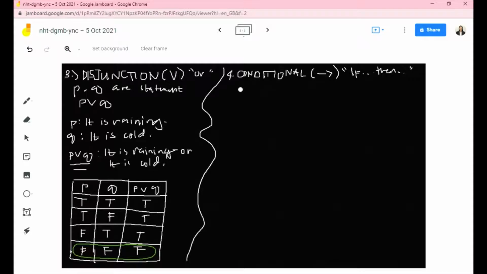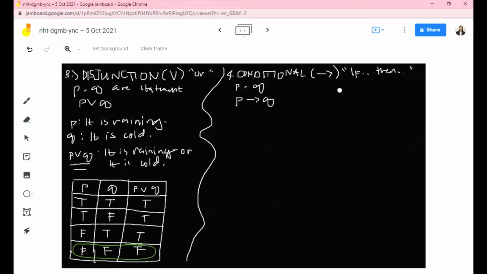Suppose that I have two statements, P and Q. Then my conditional statement will be like this: P implies Q, or if P, then Q. So P here is our hypothesis or antecedent. Q here is our conclusion or consequent.